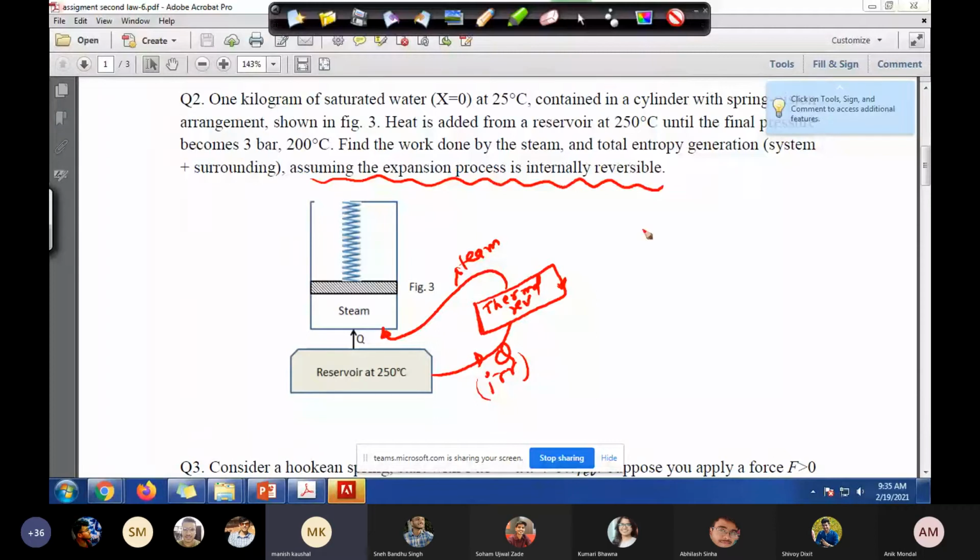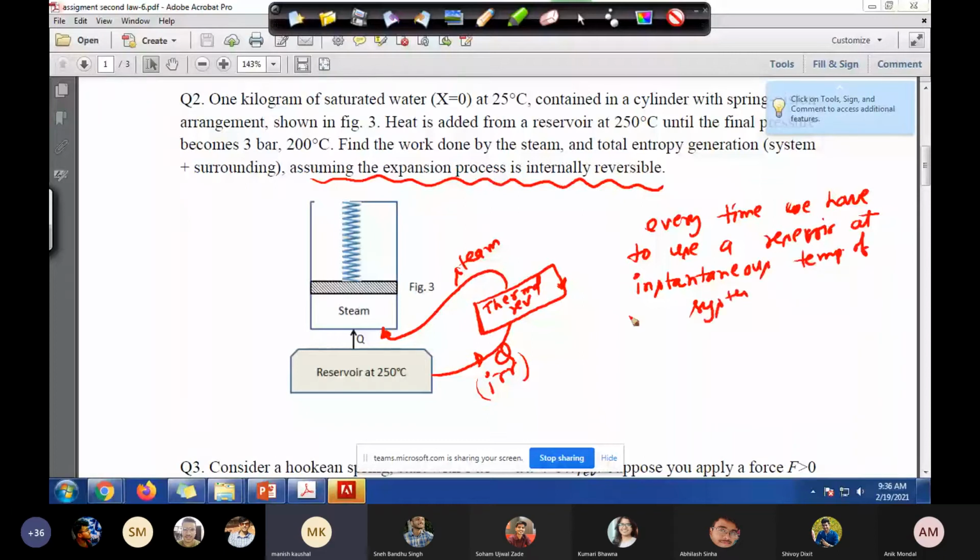So every time we have to use a reservoir at the instantaneous temperature of the system, then only you can assume this is internally reversible.